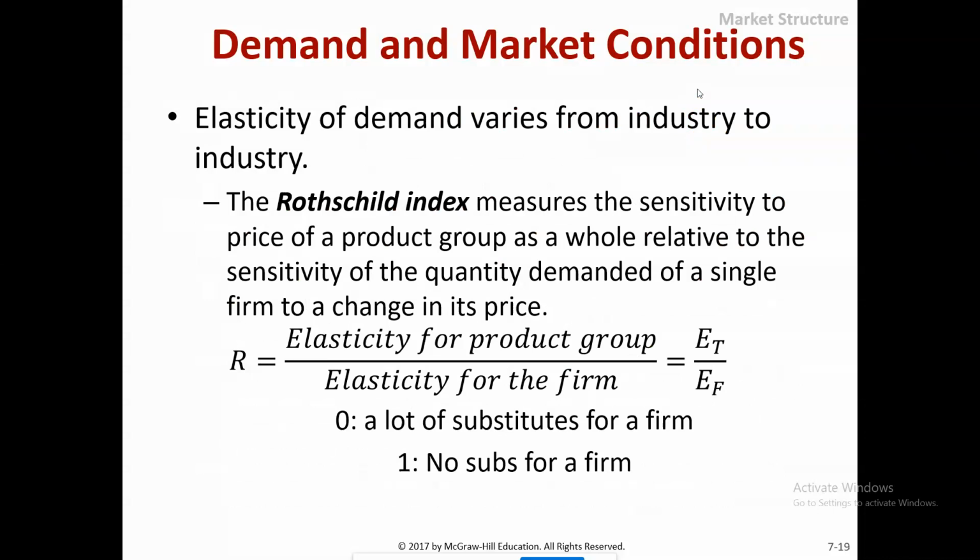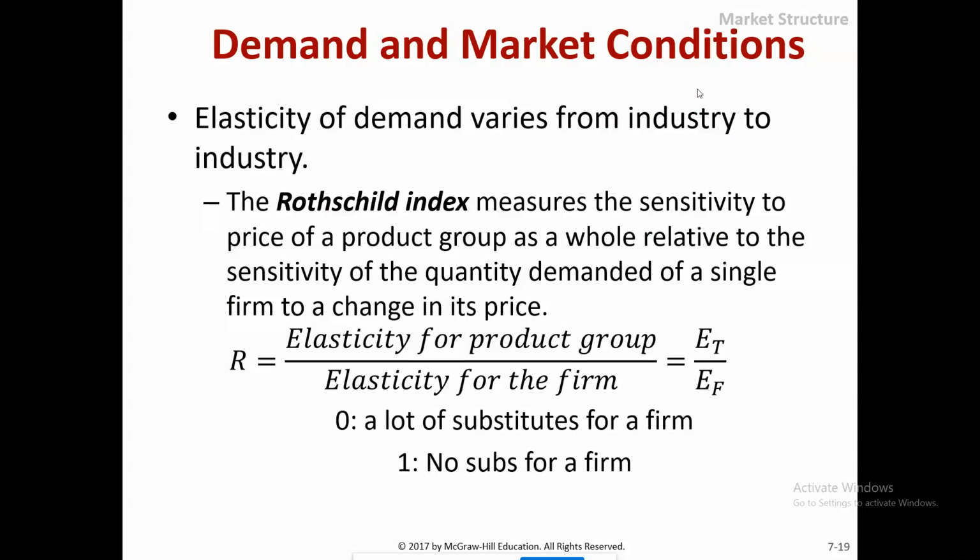Therefore, the absolute value of the denominator is larger than or equal to the numerator. If the absolute value of the denominator is very large relative to the numerator, it means that the consumers have a lot of firms to choose from and are able to be responsive to the price change of one firm's product.